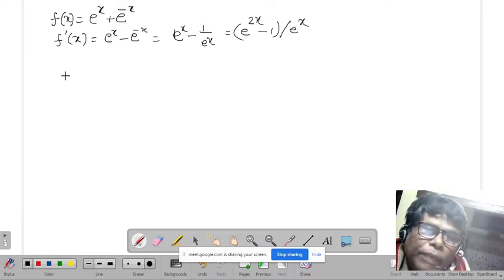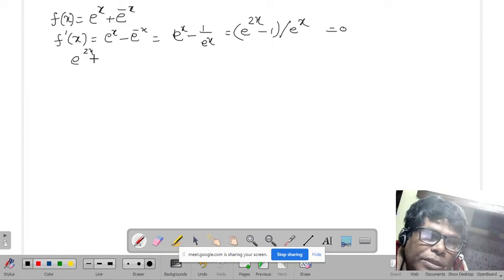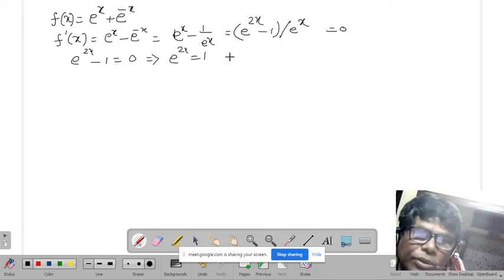Now f dash x, put it equal to 0. So this implies e to the power 2x minus 1 equals 0. This implies e to the power 2x equals 1, and what is the value of x? x is equal to 0.